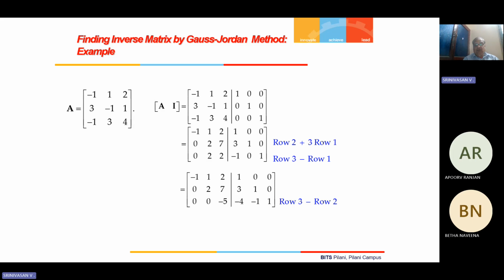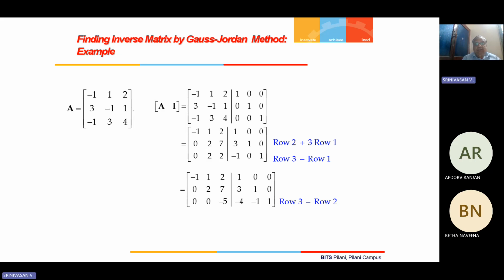Here also, you must get a 0, isn't it? So we have to do R1 in terms of R3 because now R3 is standardized. Of course, R2 you can do, R1 and R2 in terms of R3, R2 in terms of R3, right?